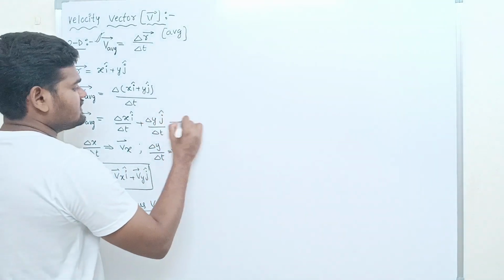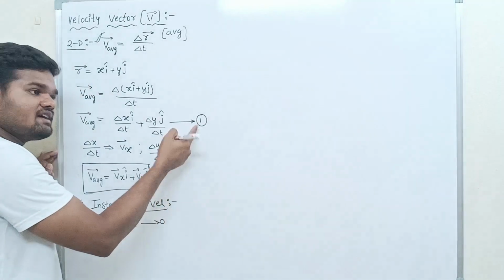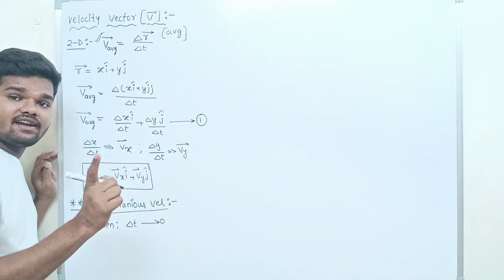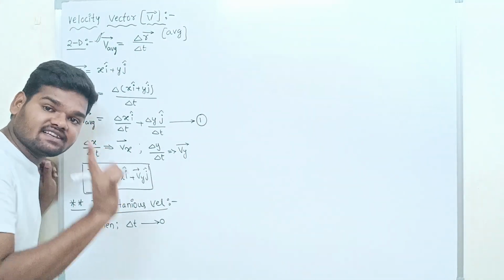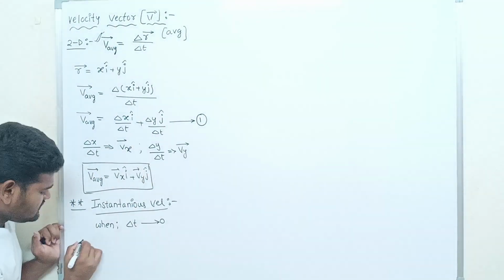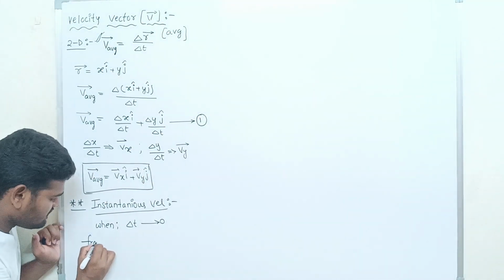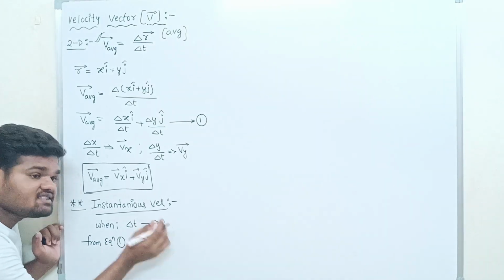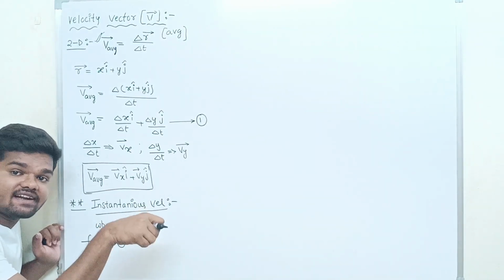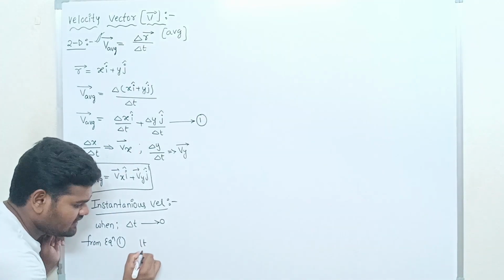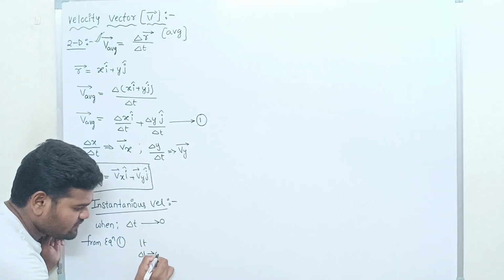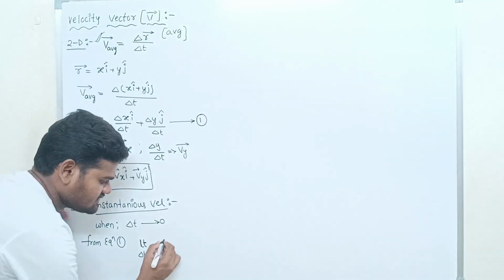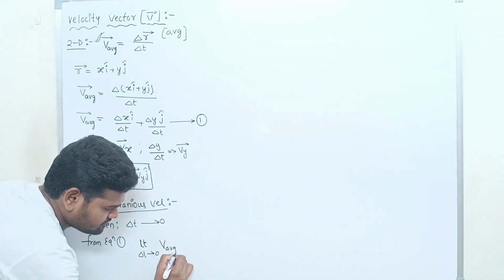So I'm considering this equation as equation 1 and writing directly. Already we have discussed all these things. From equation 1, the change in time is very small, at a particular instant of time. Equation 1 becomes limit delta t tends to 0 of V average.